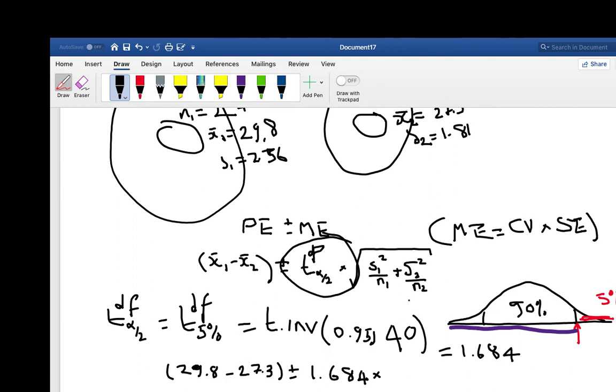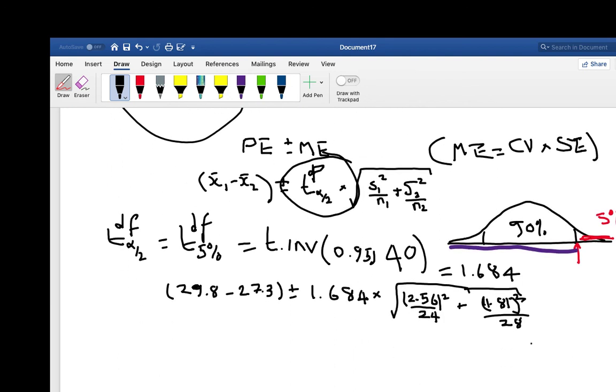We could actually work it out doing this calculation. So this will be 2.56 squared, extend that out. It's just filling in the numbers here.